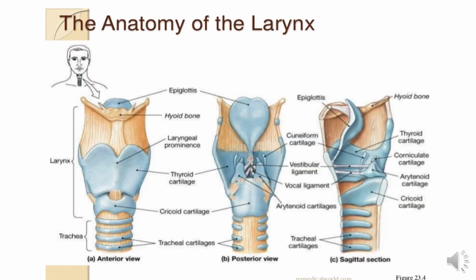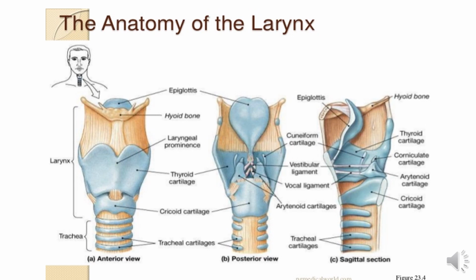This diagram also shows the thyroid cartilage, the biggest one. Below, it connects with the cricoid cartilage through the cricothyroid ligament, and superiorly with the hyoid bone through the thyrohyoid ligament or membrane. The epiglottis shows the upper part.